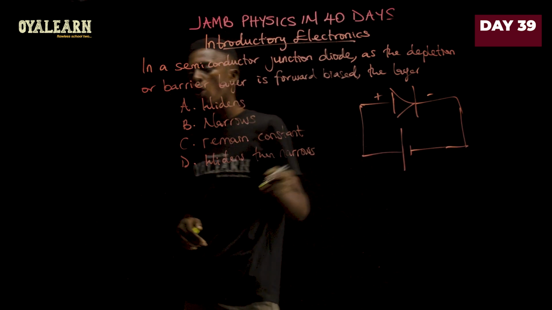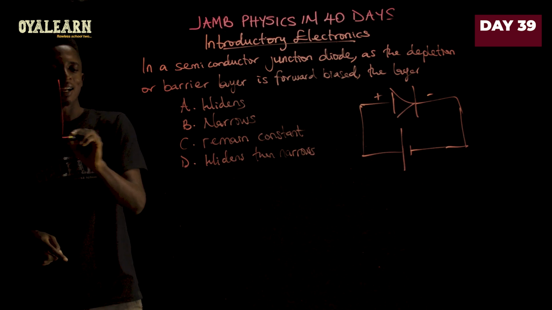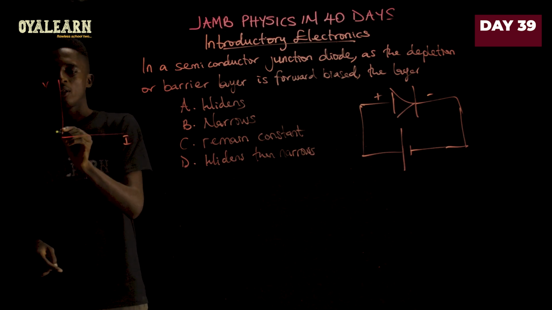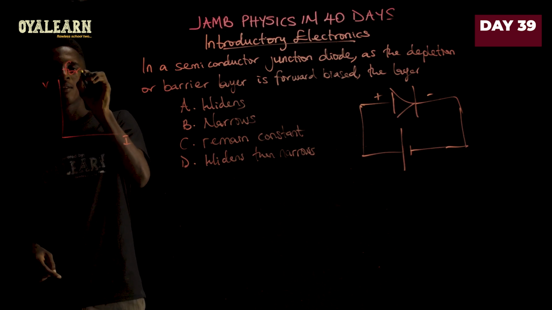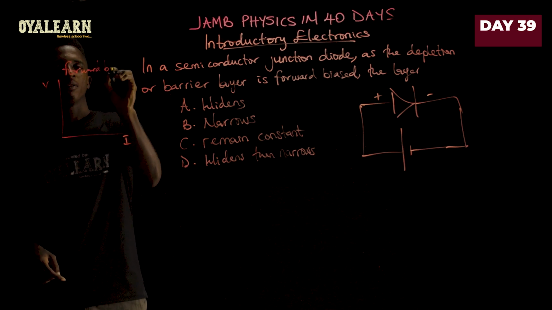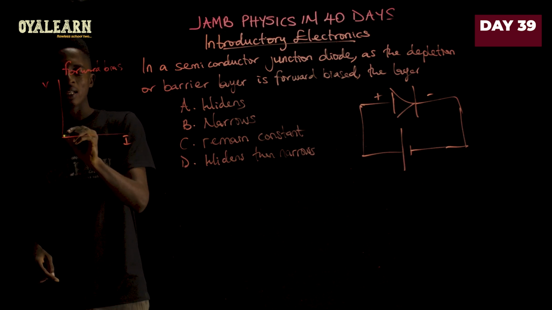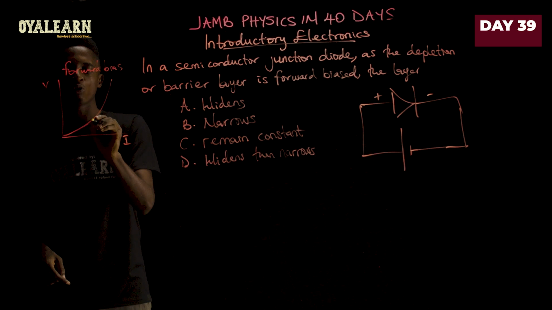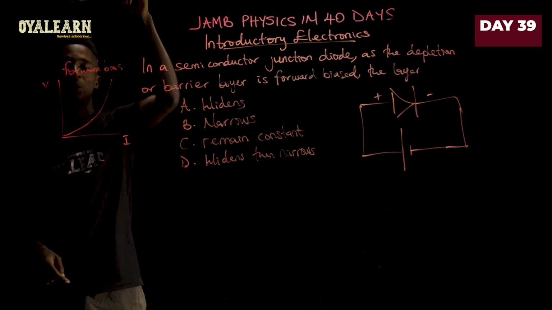And by the time you draw the VI characteristics graph for forward bias, remember this is forward bias, what you experience is something that goes like this. So it is slow until it gets to the knee junction here, and then it peaks.